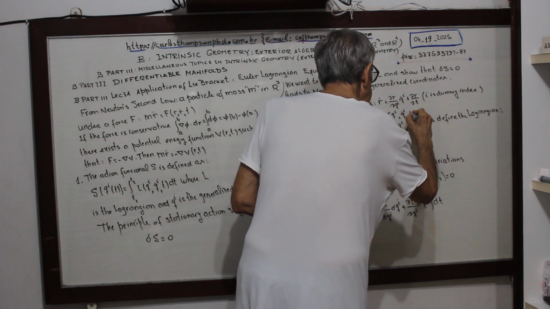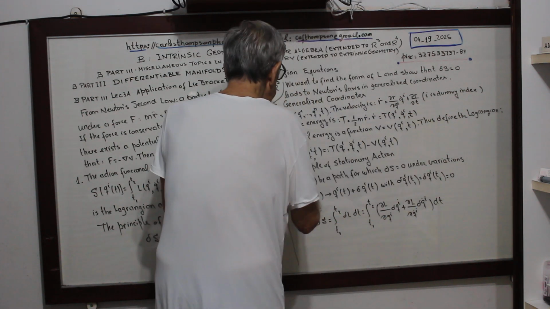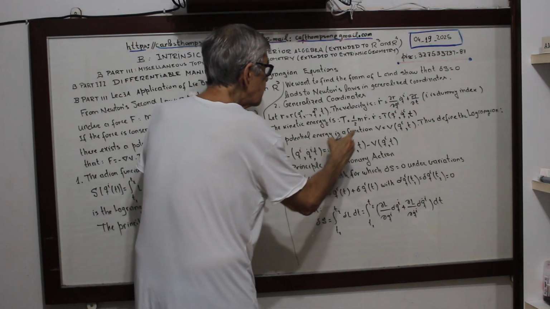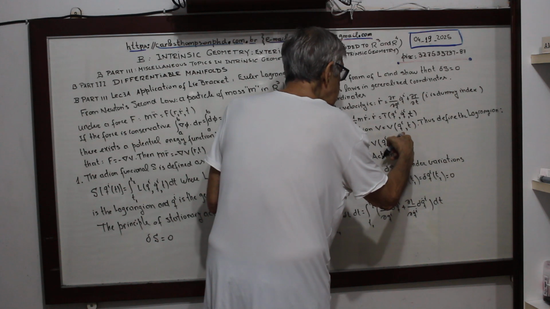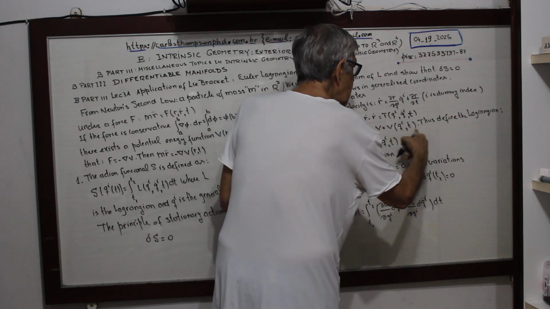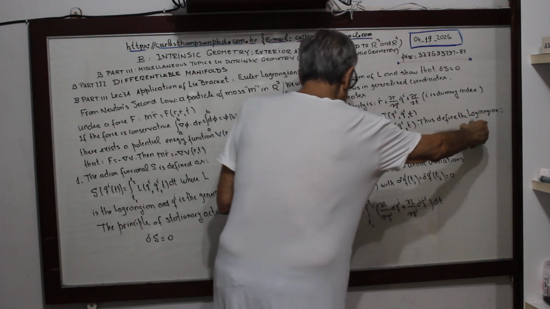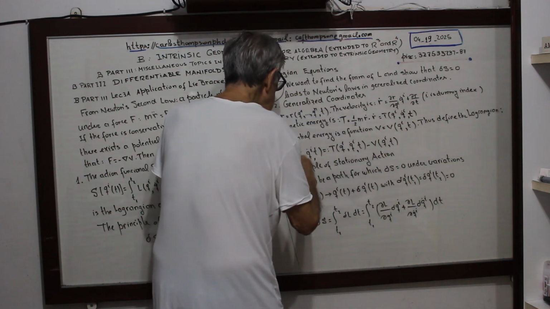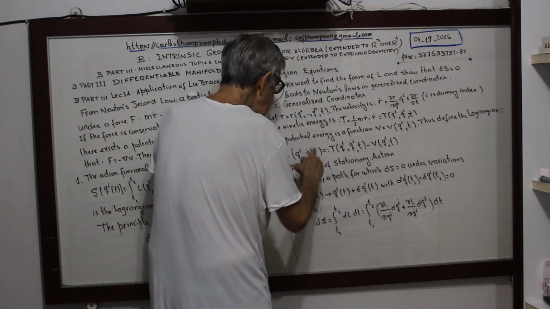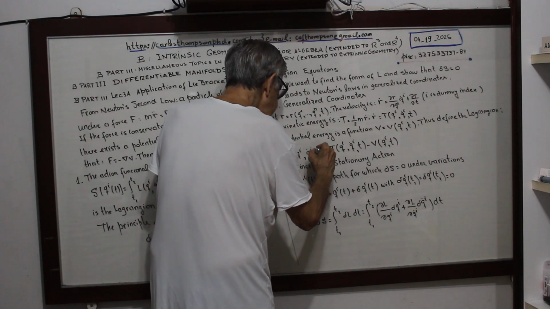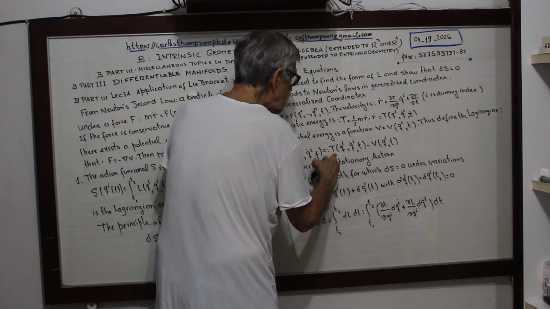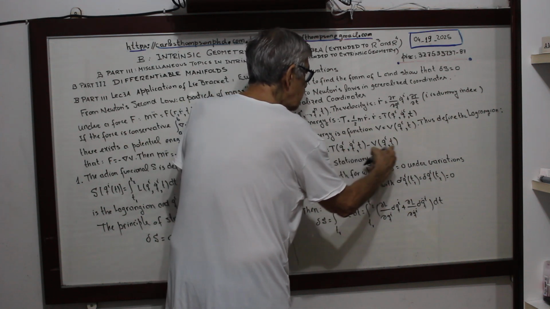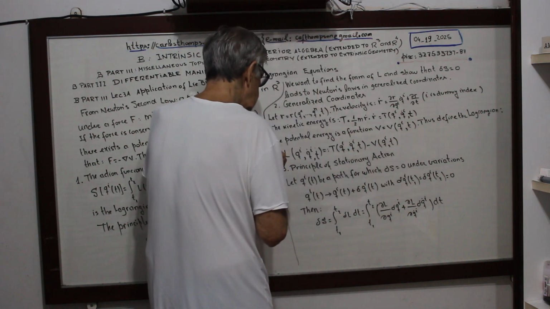Now, the potential energy is a function V, okay, depends on the generalized coordinates and the time. Thus, define the Lagrangian L. You see, let's put T over here. L is defined as the kinetic energy minus the potential energy.